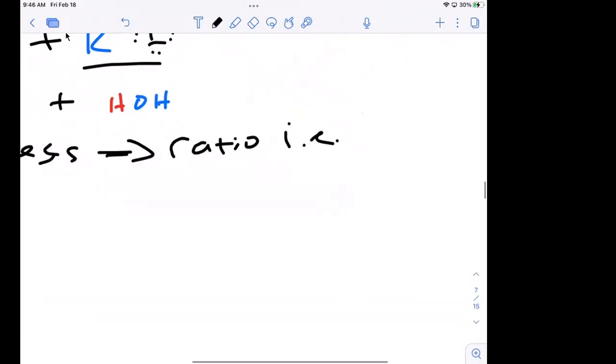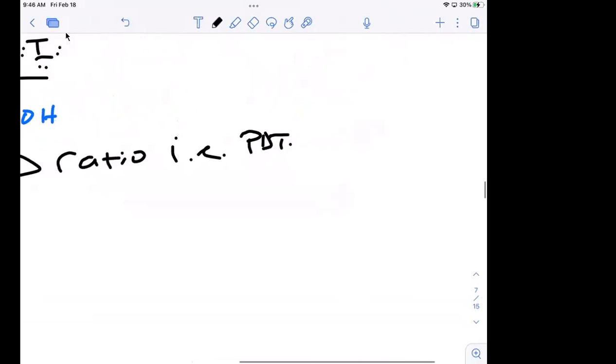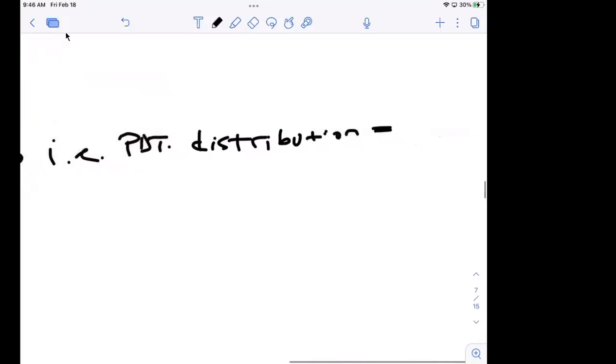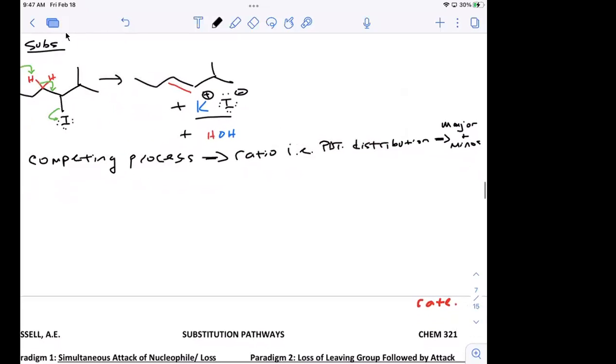So you're going to have a product distribution, which means that you're going to have something that's major and a minor product. We talked about this when we talked about allylic bromination, where you have all these competing allylic sites. So you get all these products, and some of them form faster than others, but some are more stable than others, and so on and so forth.